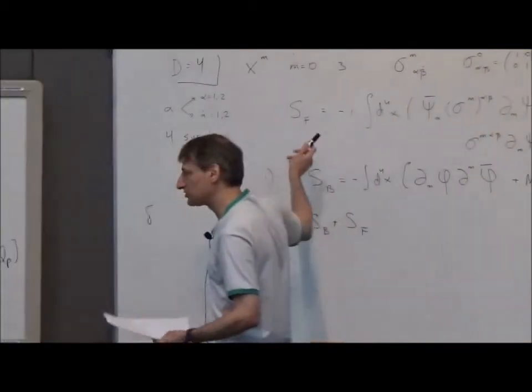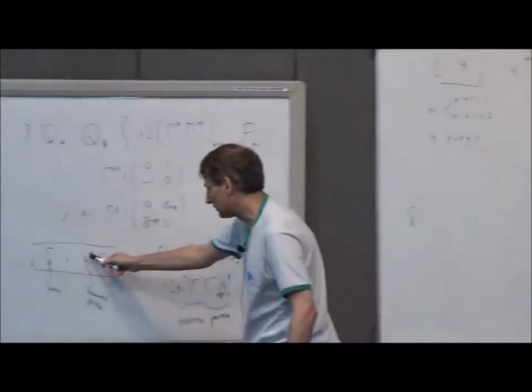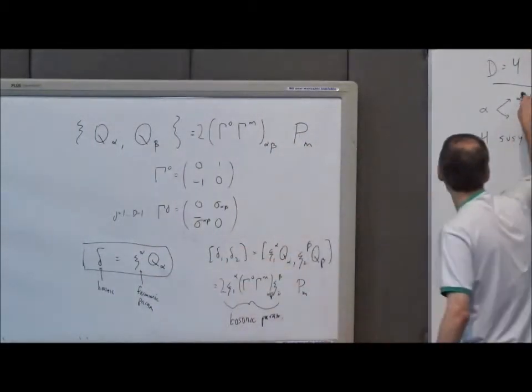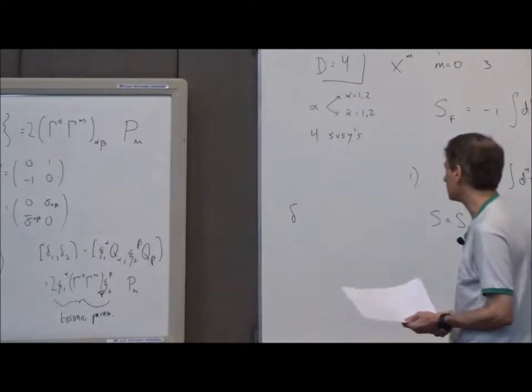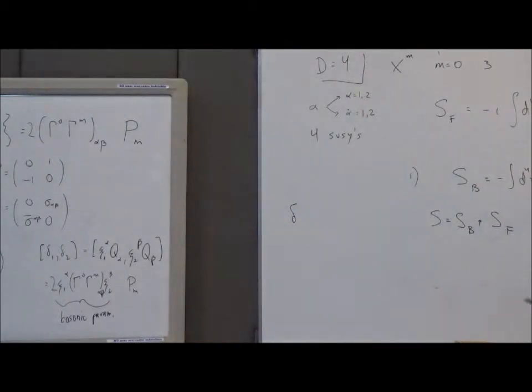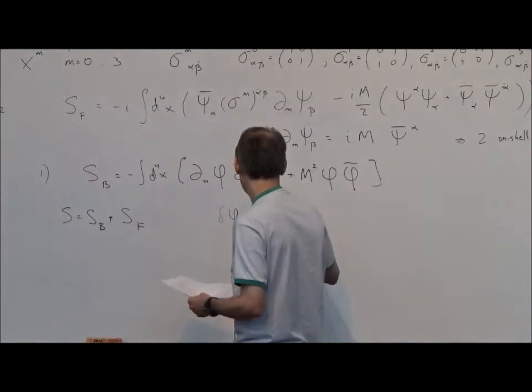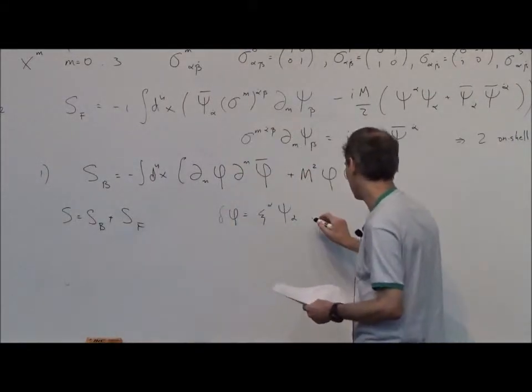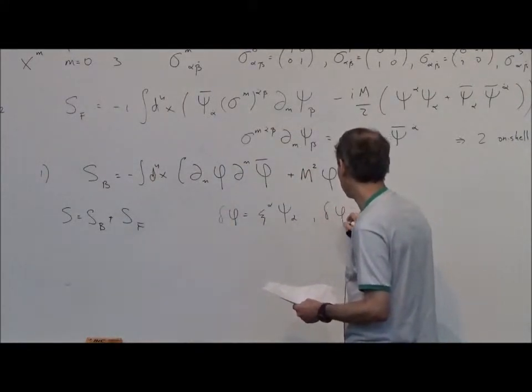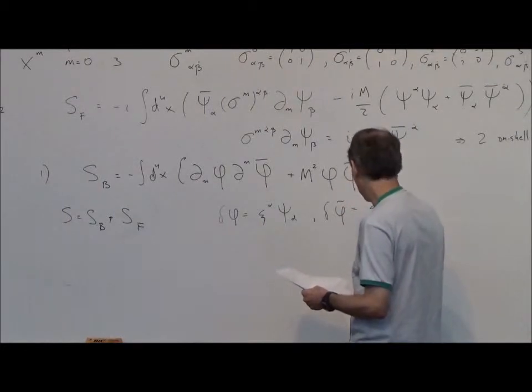So now in the four-dimensional case, it was already pointed out, this alpha goes from 1 to 4, but now we're going to go to this two-component notation. So I'll tell you what the transformations of phi and psi are. The transformation of phi is equal to C alpha psi alpha. The transformation of phi bar is going to be equal to C bar.